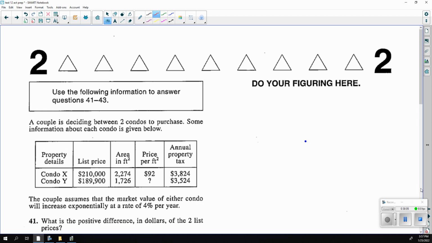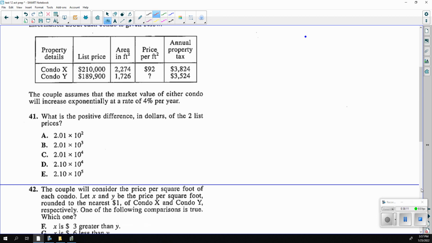What is the positive difference of the two list prices? So don't you just subtract these two right here, and it would be 210,000 minus 189.9.